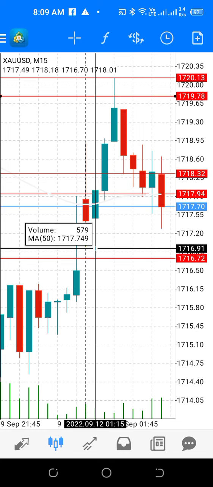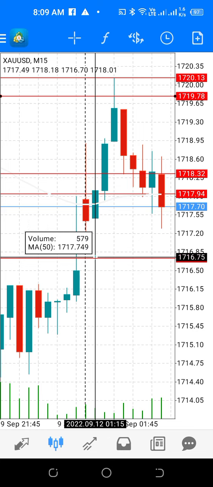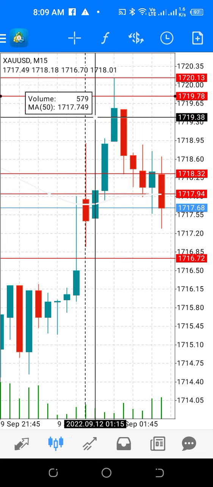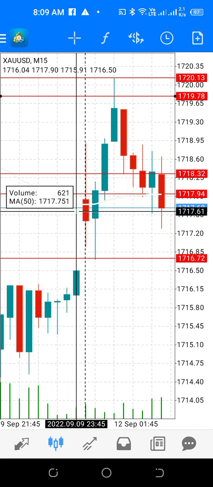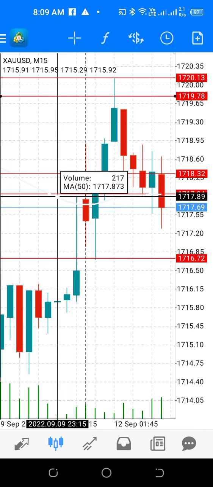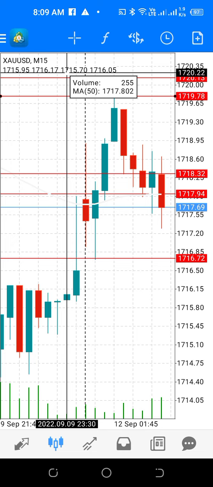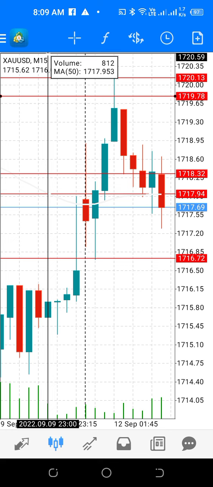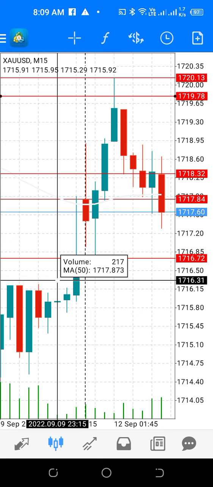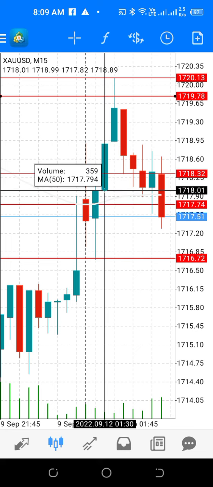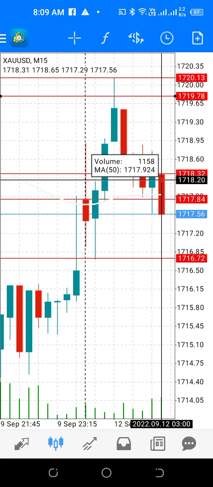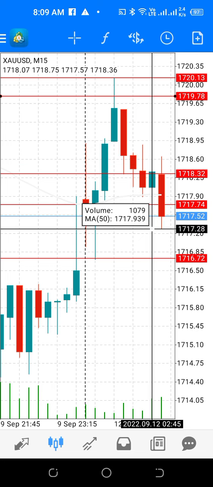So from the Sydney open, the Sydney high and Sydney low, we will wait to see which side the liquidity grab will be, because there may be a stop hunting upward on the downward side before it will move some correction higher. Since this is the opening of Asian, as you can see, this is the bearish volume, sellers and buyers, but buyers try to.